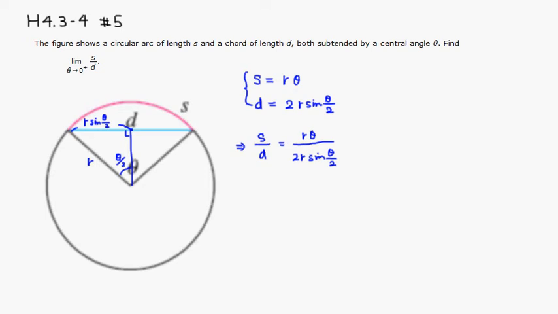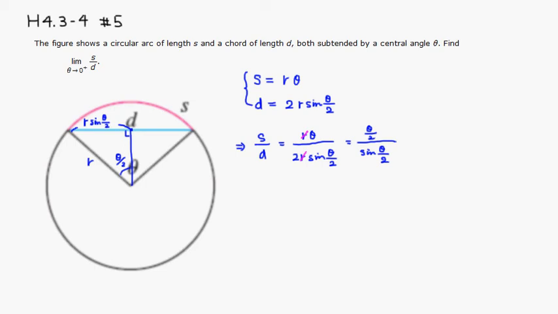Then you can cancel the R on top with the R on the bottom. I'll rewrite it in a convenient way, putting theta over 2 on top, divided by sine of theta over 2.